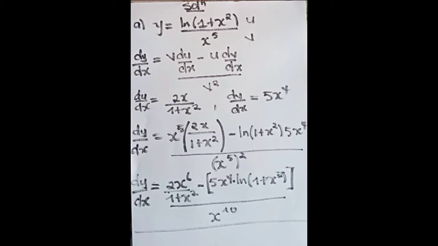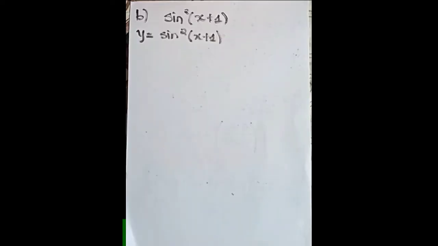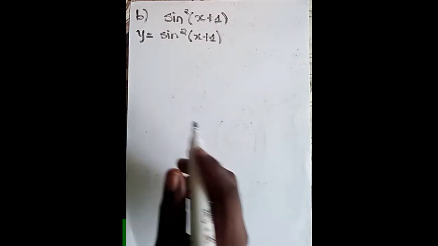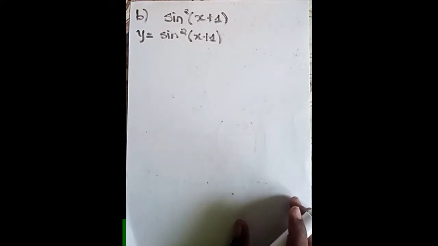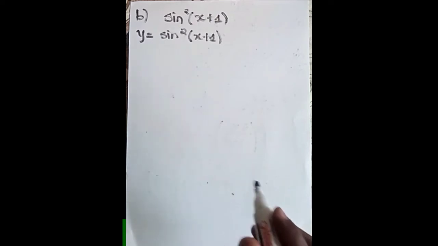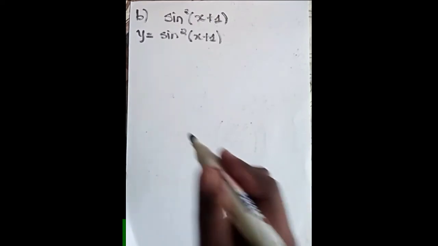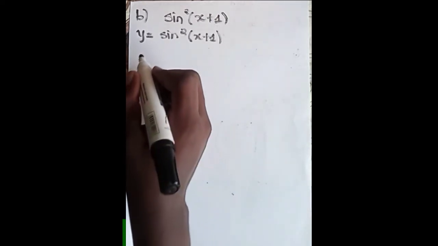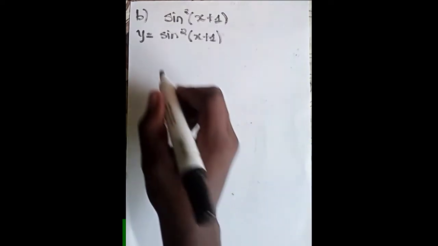So okay, we're going to continue with the second part, which says we should differentiate sin squared of x plus 1. So we're going to let y be equal to sin squared of (x plus 1), and we're going to differentiate it. We're going to use a technique of differentiation which we have done before, so just be vigilant to pick out the technique.